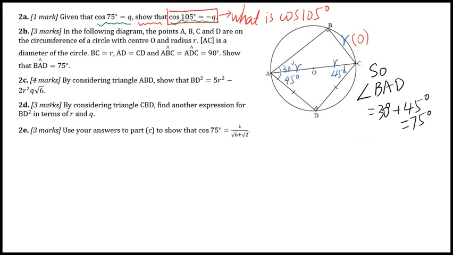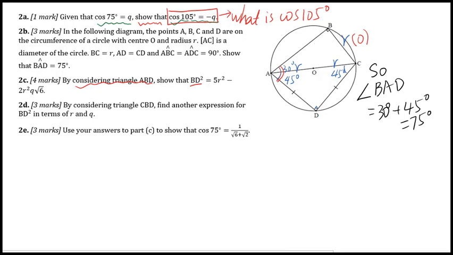Let's go to 2C. By considering triangle ABD, show that BD squared equals 5R squared minus 2R squared times the square root of 6. In triangle ABD, we already know this angle is 75 degrees.